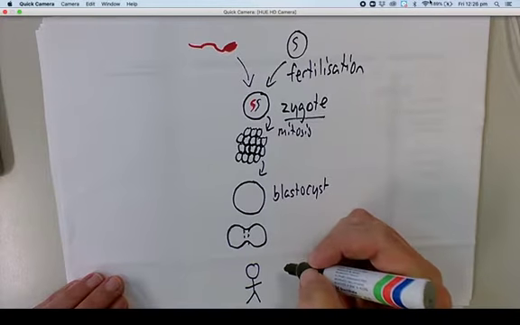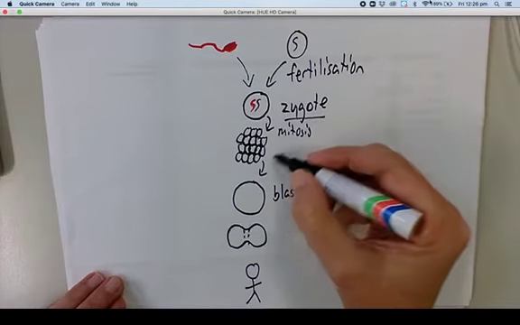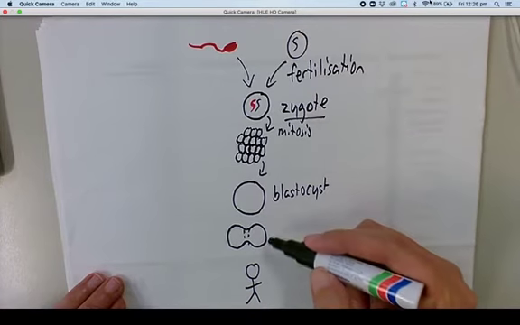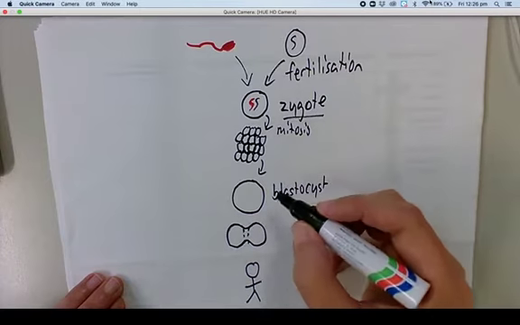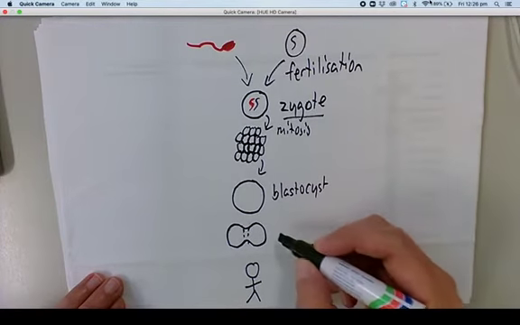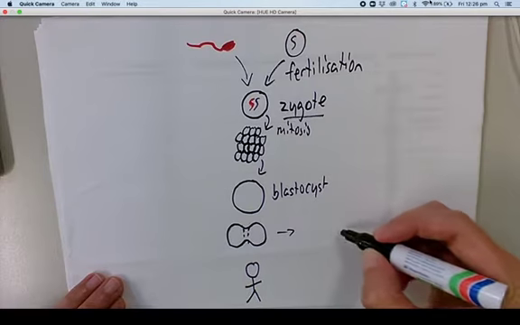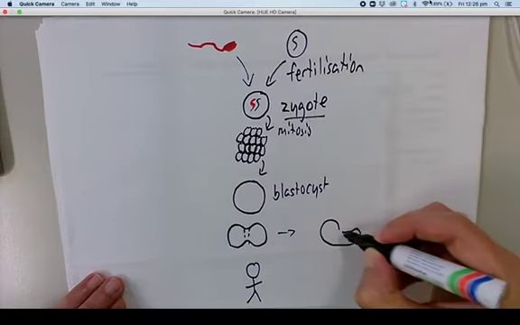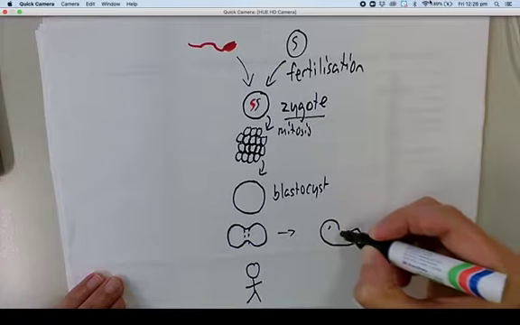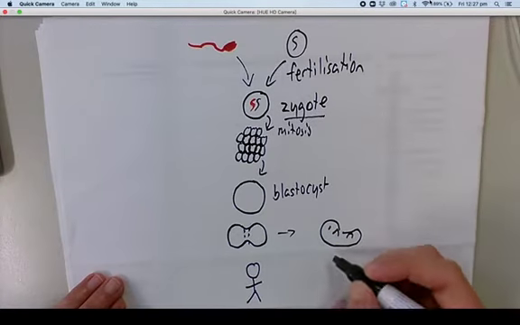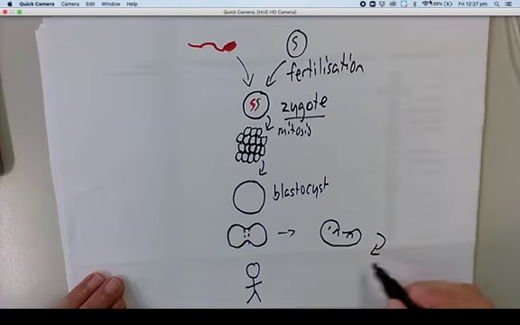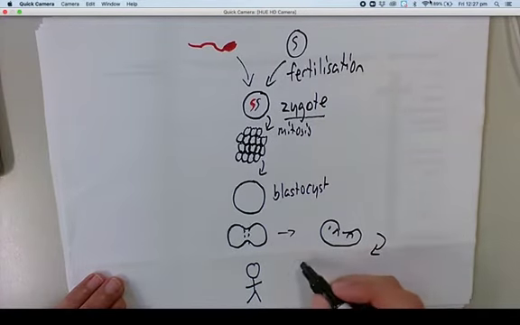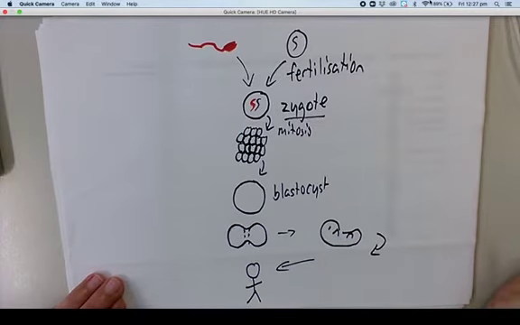But the problem that we've got with that is, if the only process that's happening is mitosis, then every single cell in the blastocyst and then in the forming embryo, we can imagine this sort of slowly becoming something that looks a little bit more like a baby, and then eventually we go through the whole growth and development and birth, and we end up outside the womb and growing into a full individual.